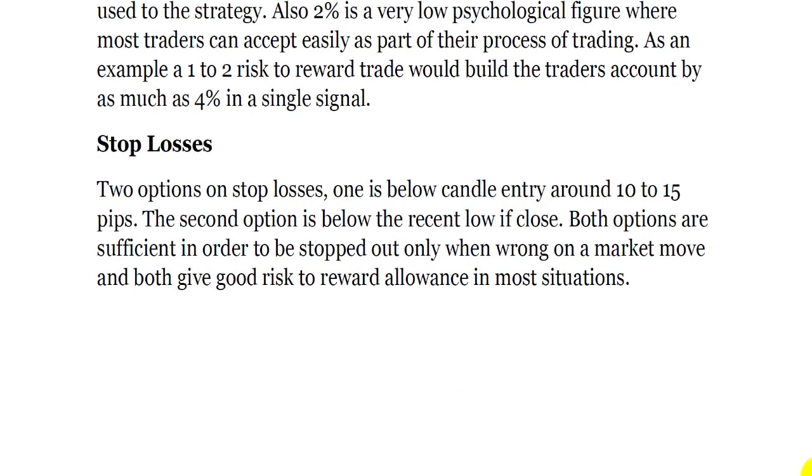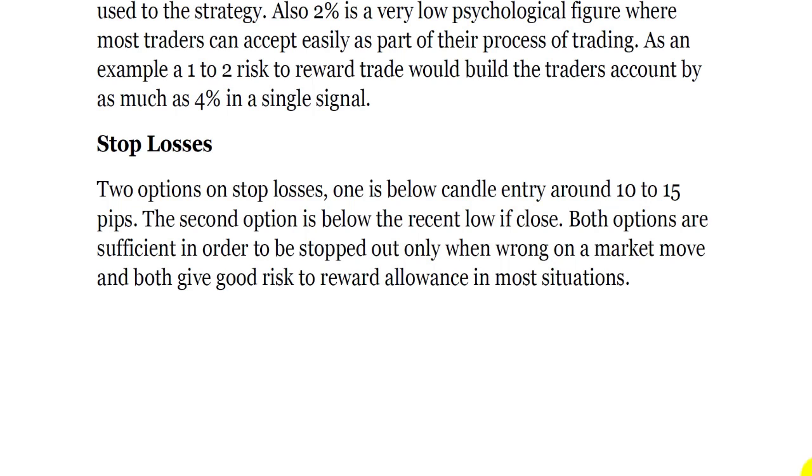Stop losses. There are two options with stop losses. One is below the candle entry, around 10 to 15 pips, or above if it's a sell trade. The second option is below the recent low or above the recent high with a sell trade.